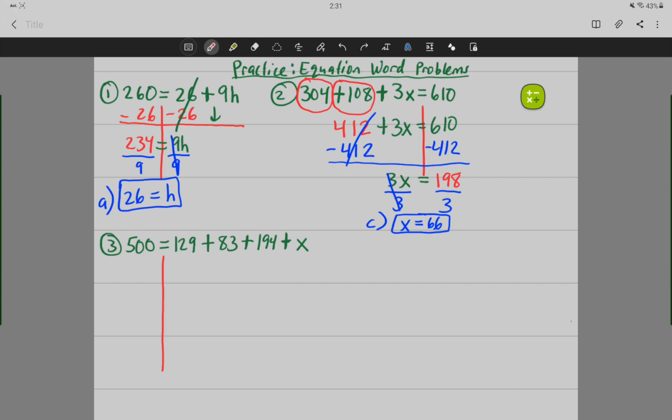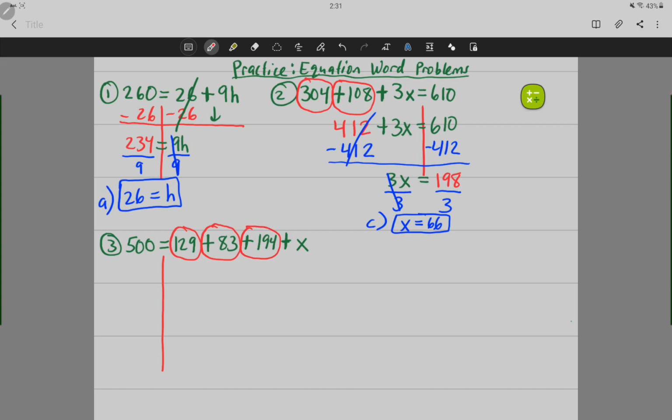Again, just like in number 2, we know that x doesn't have any other like terms, but we do have quite a few constants. So remember, the constants are numbers with no variables. Make sure you circle the operation. And the constants also have to be on the same side.